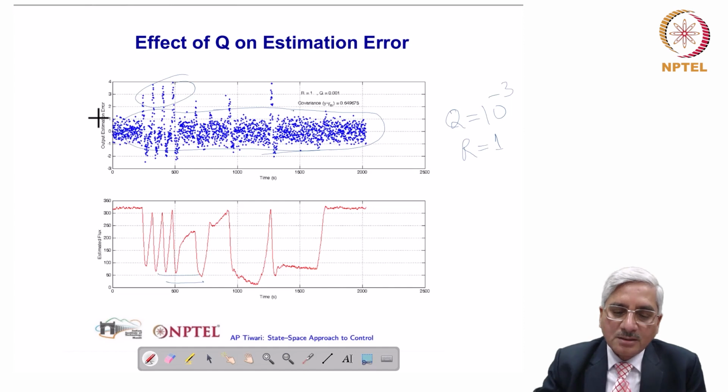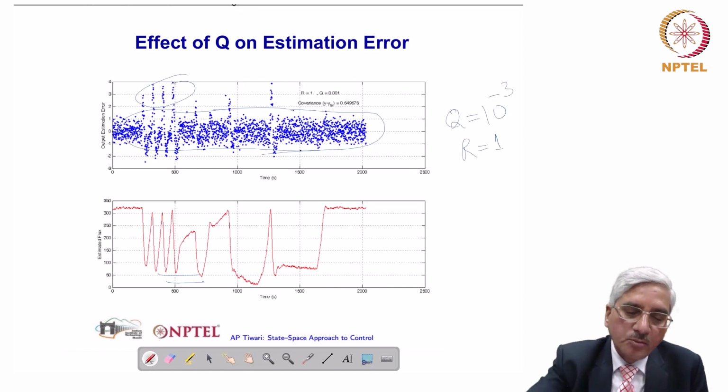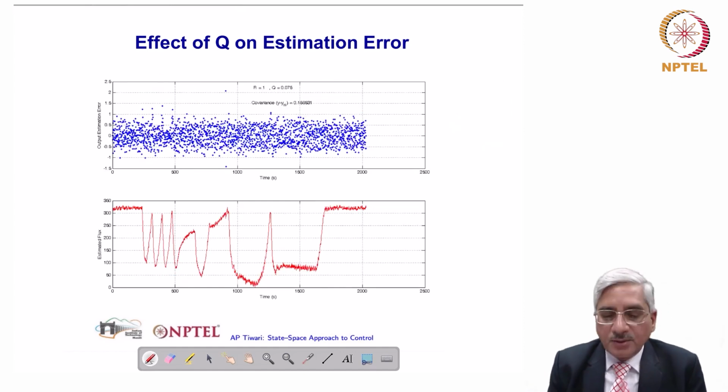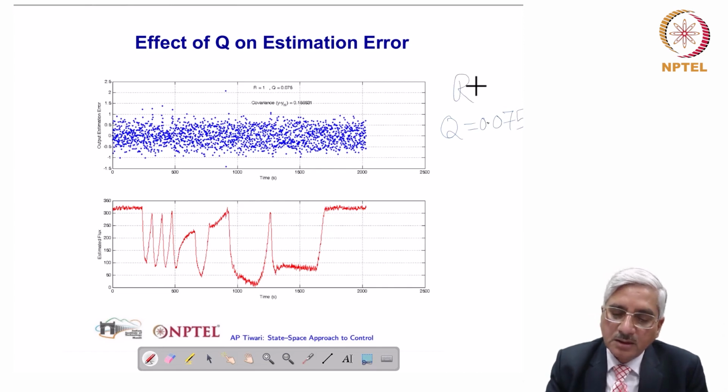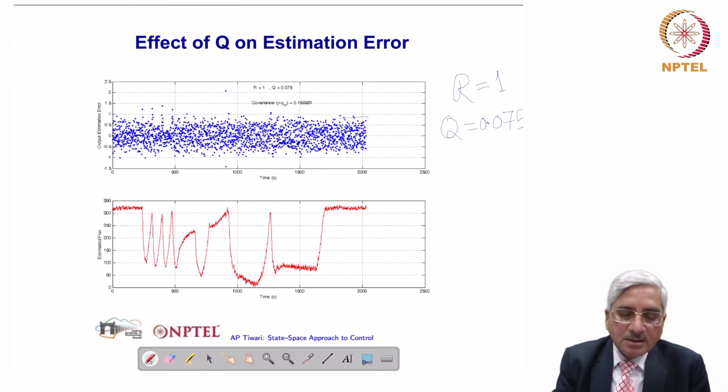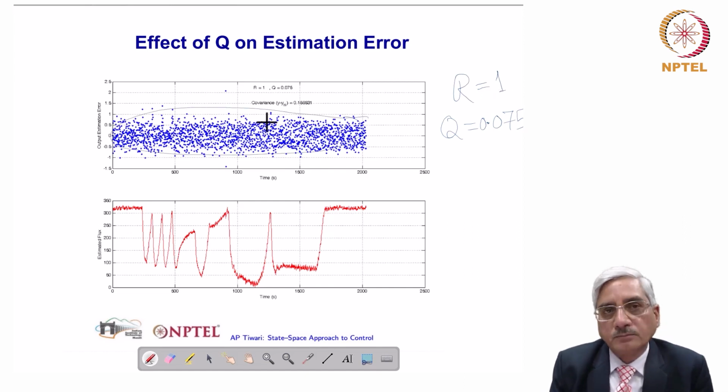That means one can play with Q more. So this is the result with Q equal to 0.075. Q was very small, it was increased, and it is increased even further. And the trend is almost absent.